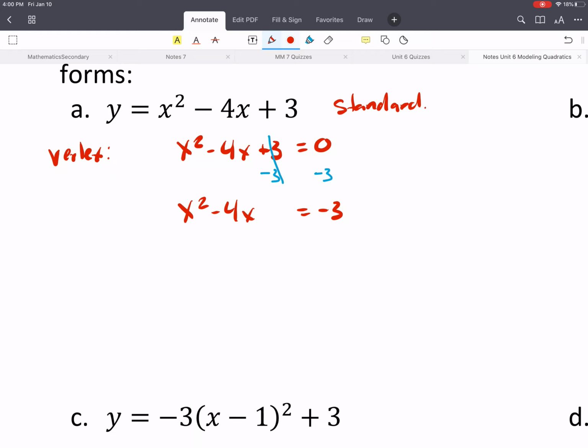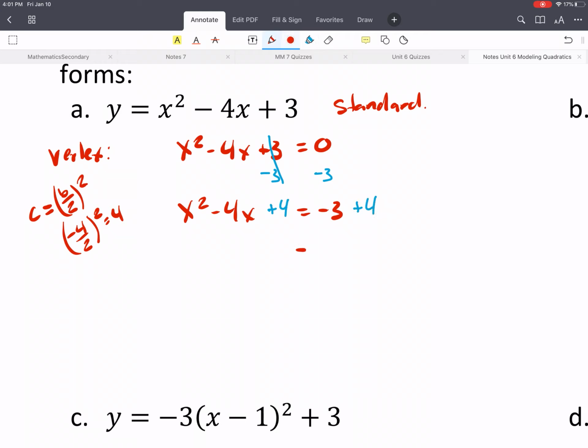And then to complete the square, sometimes we talk about c that completes the square. It's b over 2, squared. So in this situation, it'd be -4 over 2 squared, which is 4. So we'd need to add 4 to both sides to keep it balanced.